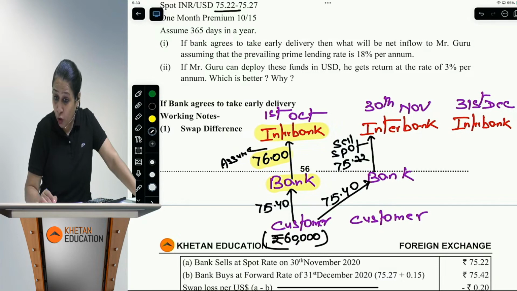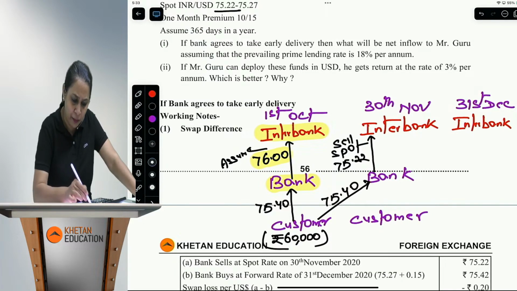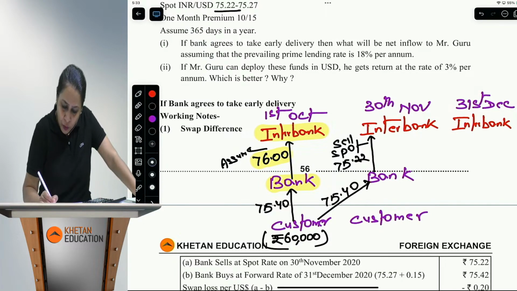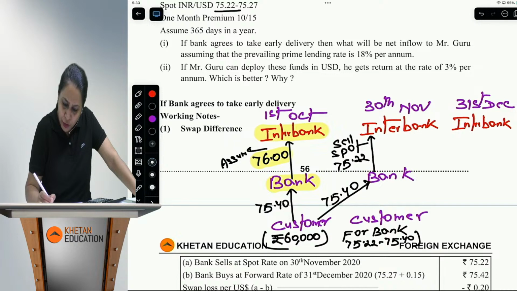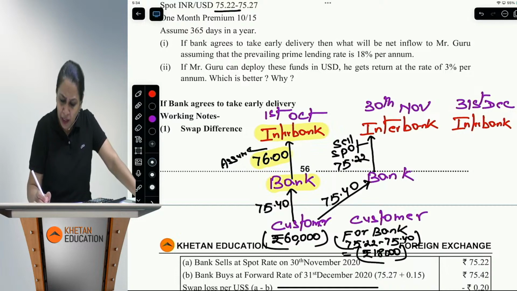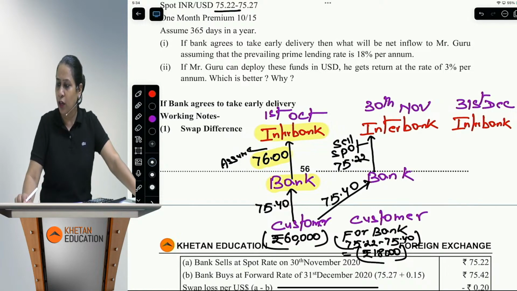Is it a loss or gain for the bank? Please tell me. For the bank, this will be 75.22 minus 75.40. That gives me a loss of rupees 18,000. Correct? 18,000 loss because of the customer, because he came early. So 18,000 is the loss here.